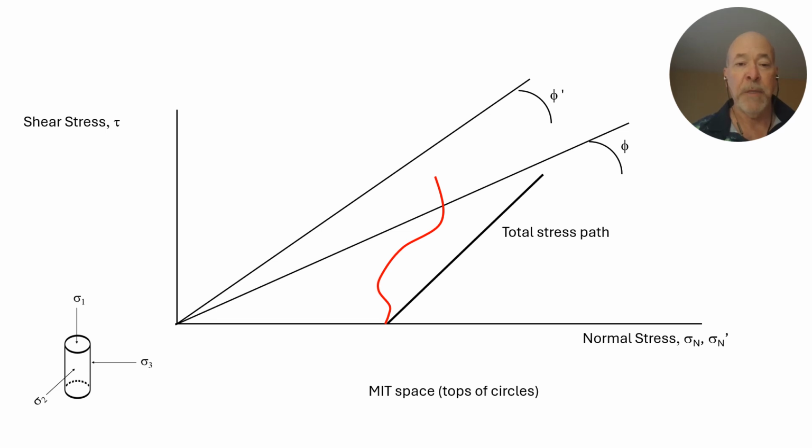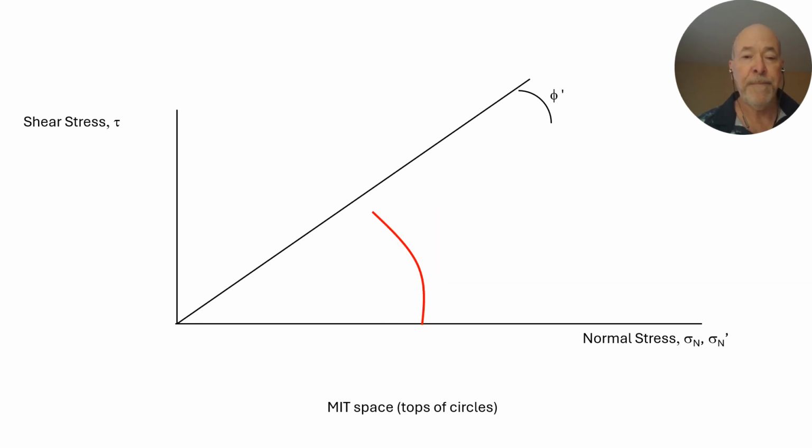So this is the MIT space. So it's at the top of the circles. That's the total stress path, effective stress path. Now there are some useful patterns that you can look at. So for the effective stress path, this is what normally consolidated clay looks like.